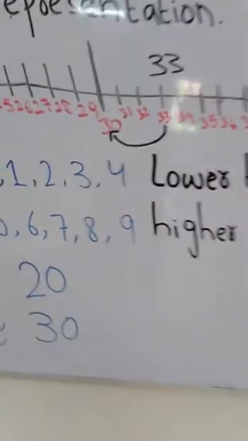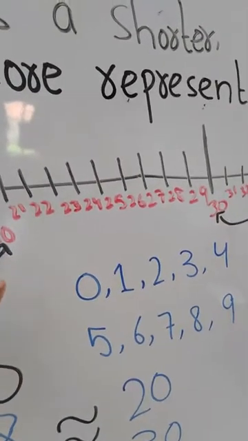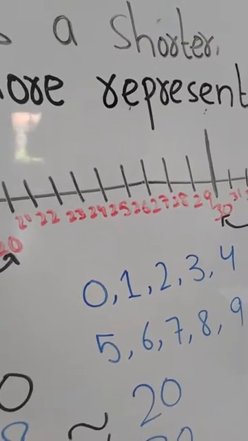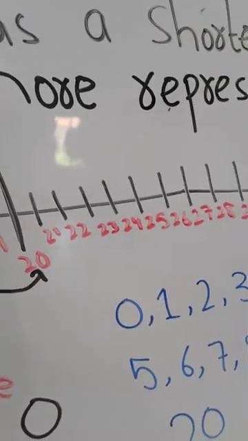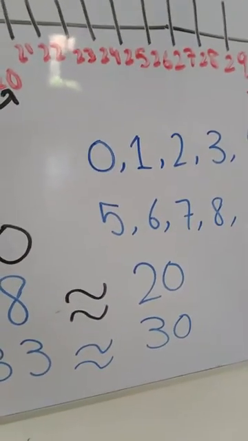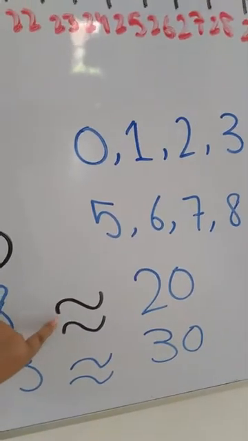So we have to count forward to the higher 10. We can see on the number line that 18's nearest number is 20. So 18 is approximately 20, and this is the sign of approximately.